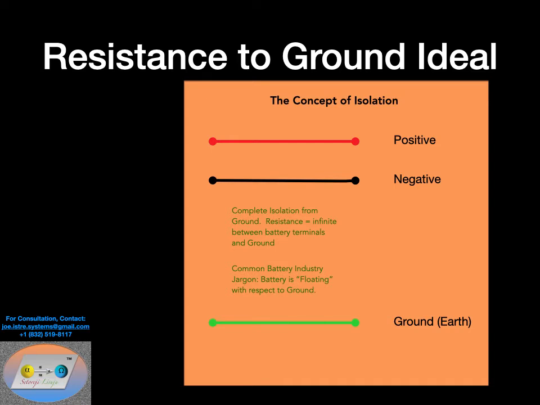Now for vehicle systems that don't have a ground, obviously there will be a chassis, or chassis ground in some cases it's called. So this isolation between ground and the battery terminals is commonly called floating with respect to ground. Don't confuse that with float charge, but a battery floating with respect to ground means that it's not connected in any way to ground. Let's go to the next slide.